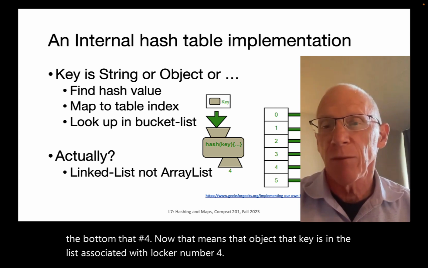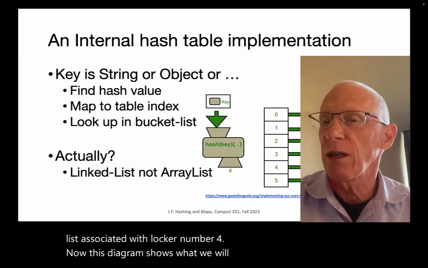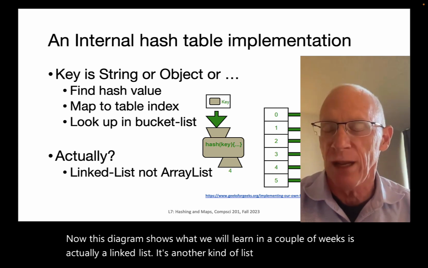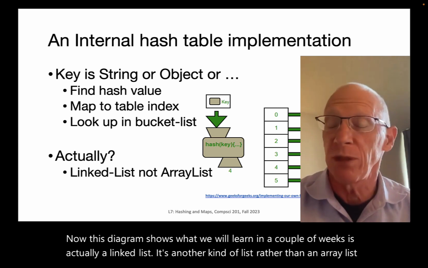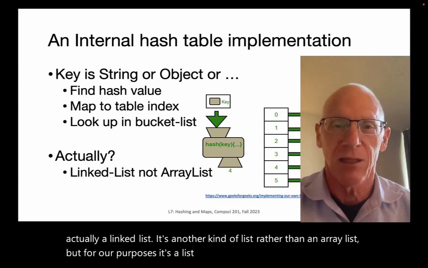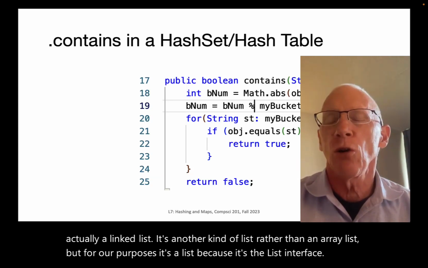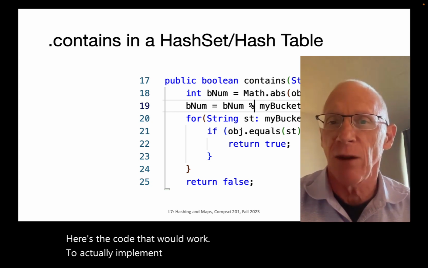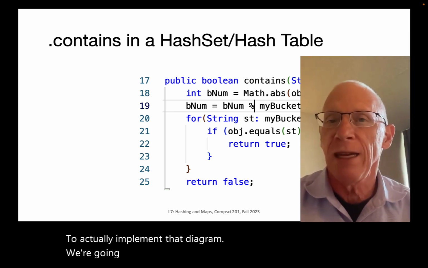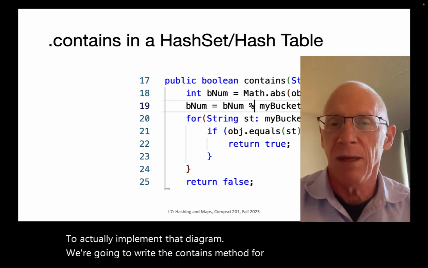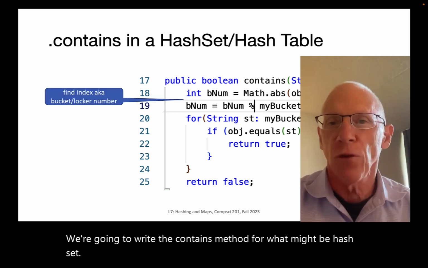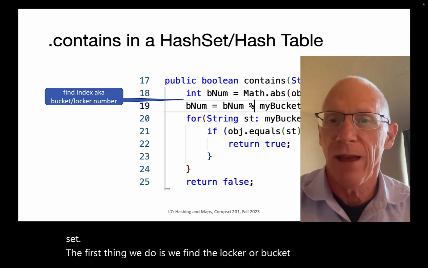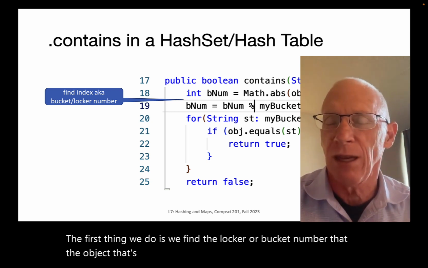Now this diagram shows what we will learn in a couple of weeks is actually a linked list. It's another kind of list rather than an ArrayList, but for our purposes it's a list because it's the List interface. Here's the code that would work to actually implement that diagram. We're going to write the contains method for what might be HashSet. The first thing we do is we find the locker or bucket number that the object that's the parameter to contains is in.